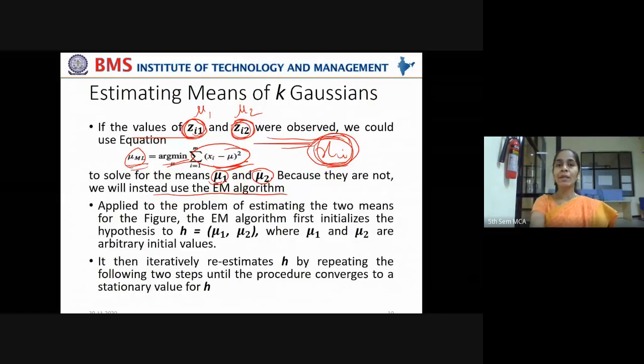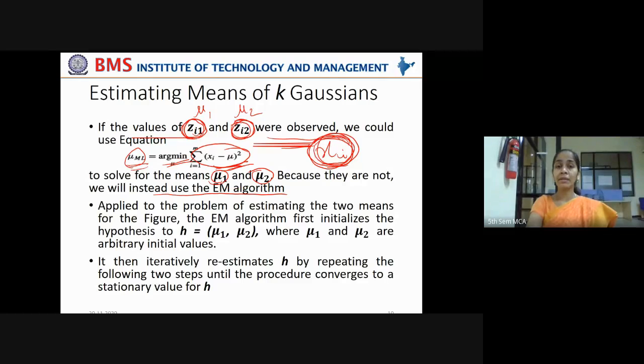Whichever mean minimizes the sum squared error, or the prediction error, that mean is maximum likely, so we can say that distribution is the one from which the sample point has been derived.